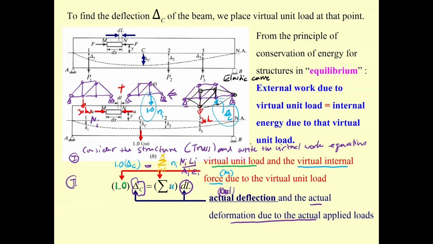So the second step is to determine n sub i. The third step is to determine capital N sub i. And the last one is the result: compute delta sub C. The steps are going to be something like this.